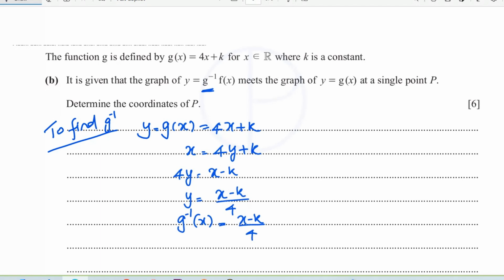Now we need to find g inverse of f of x. So we need to substitute f of x in g inverse of x.